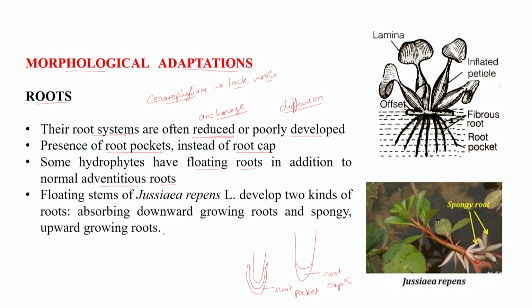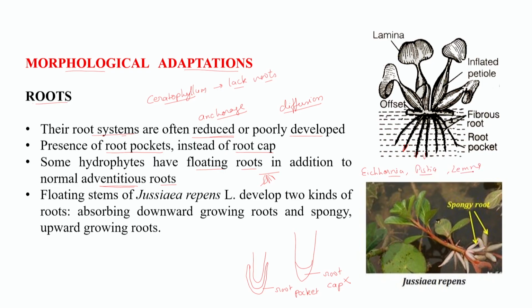It's also important that mostly the roots found in hydrophytes are adventitious. They are fibrous roots. Root pockets are there in Eichhornia, in Pistia also, and in Lemna also.